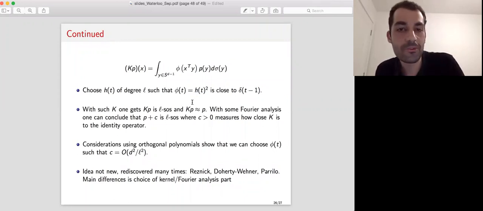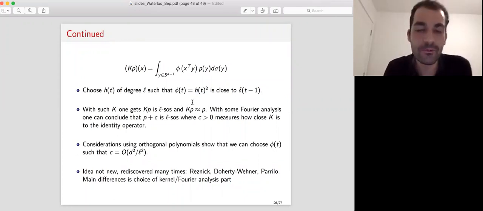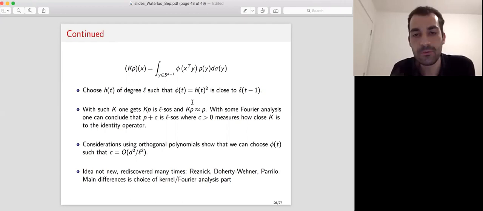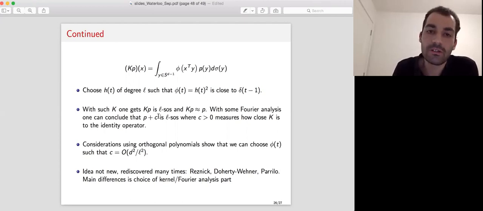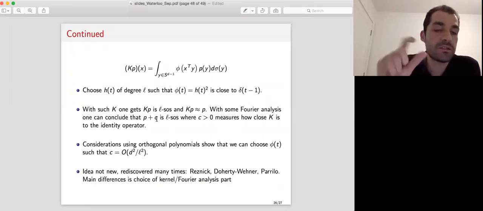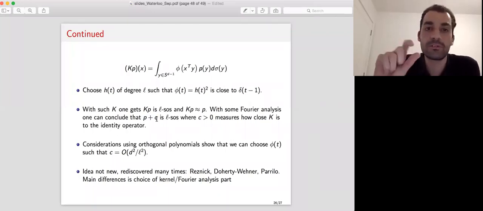Okay, so this gives you the high-level idea. To turn this into an actual proof, you need a little bit of Fourier analysis on the sphere to make this work. But you can make it work, and you can show that p plus a certain constant c is going to be a level-L sum of squares, where c is a constant that measures how close K is to the identity operator.